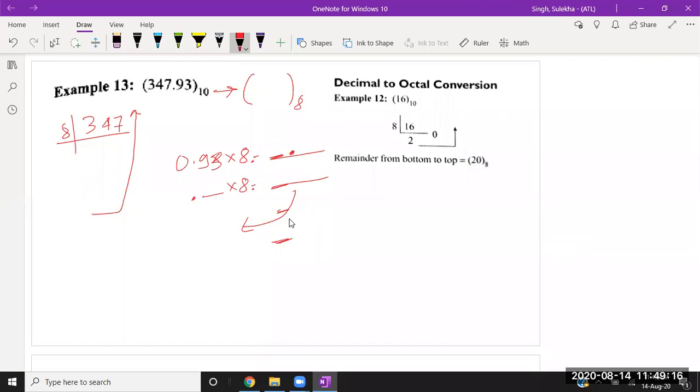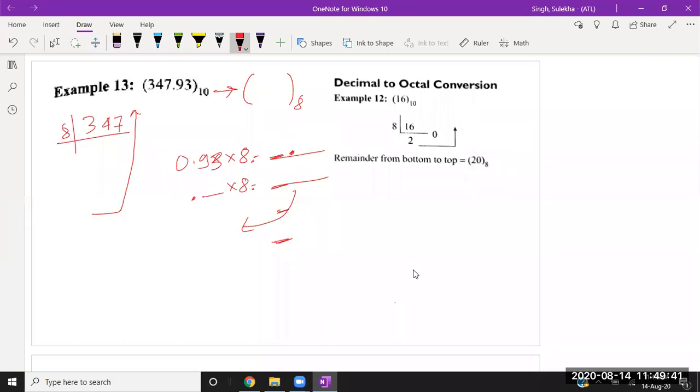So many correct answers are there now. Okay, good. So most of you are getting the correct answer.